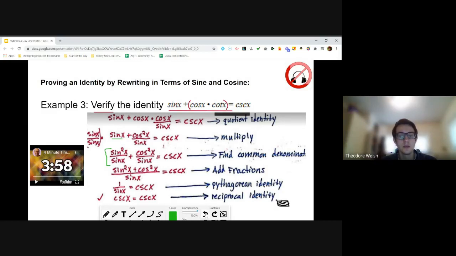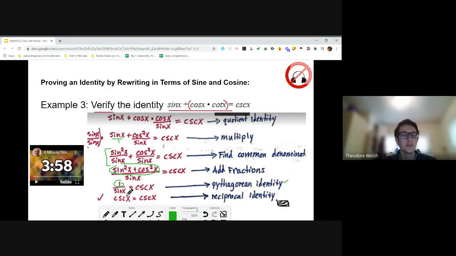At this point now, I see that we have sine squared plus cosine squared. Well, we know from our Pythagorean identities that sine squared plus cosine squared is 1. So what I did was I substituted sine squared plus cosine squared for 1, using the Pythagorean identity.